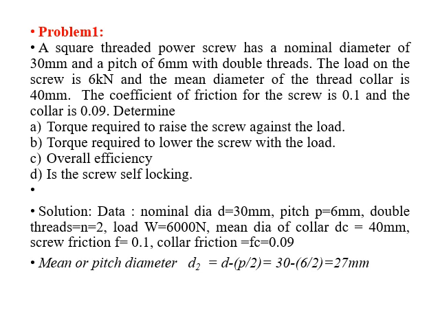Now look at the mean or pitch diameter equation. D2 is equal to D minus p by 2, nothing but 30 minus 6 by 2, which is 27 millimeters. Lead angle tan alpha is equal to L by pi D2, which is 0.1415.